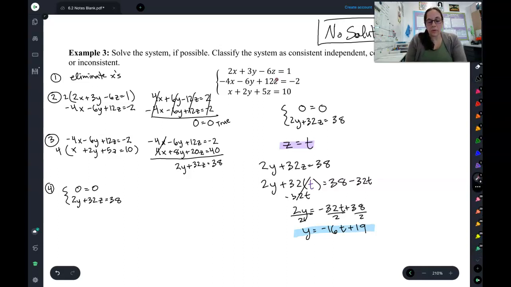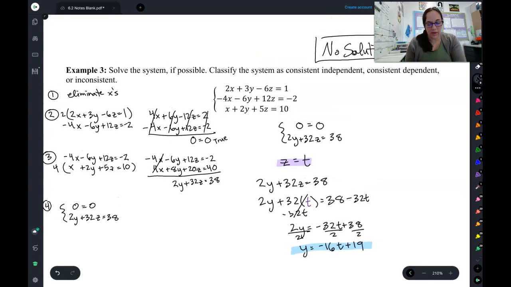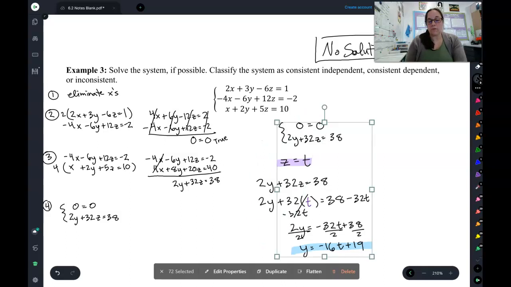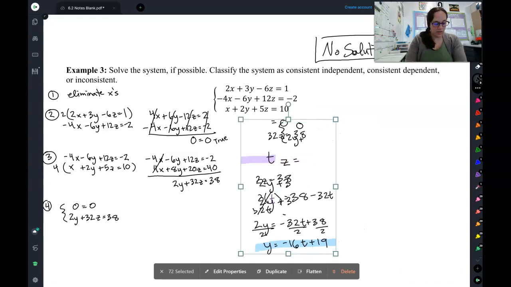And now I'm going to take any of the 3 equations that I started with, plug in t for z, plug in that equation for y, and solve for x. Oops, that made a big giant mess.